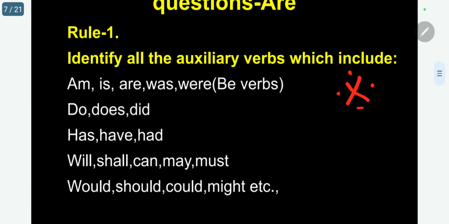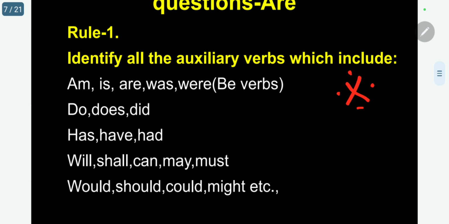Because verbs can be classified into a number of types. Normally, no grammar book is giving them properly, including Wren and Martin, which we normally follow in school. They have not given all the types of verbs properly.